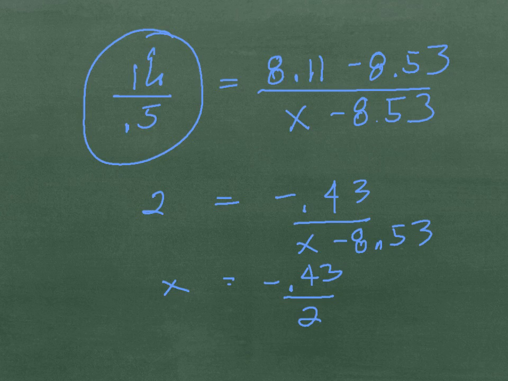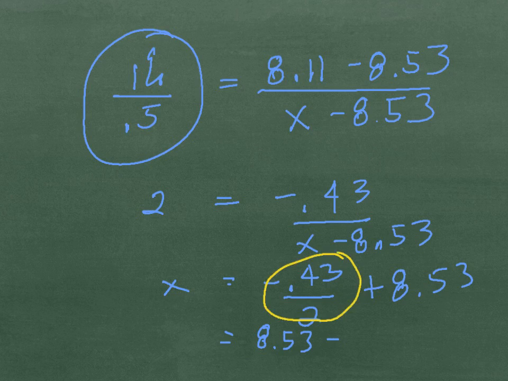plus 8.53. Then that is equal to 8.53 minus this quantity here, which is 0.215.